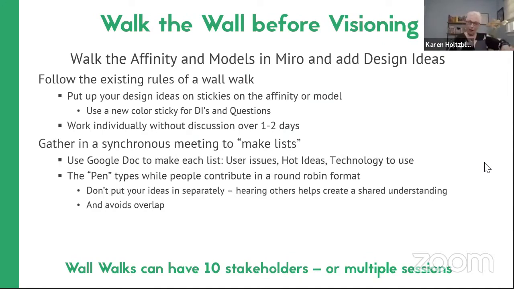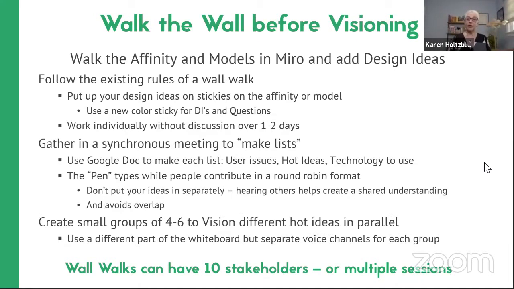Now we can use round robin, just go around the room till people run out. Then you're going to make a sheet for the hot ideas. Remember, no discussion, just list them, go round robin. Then people can shout out the technologies that are possible, okay? So this is no different. It's making lists. It's just that the people are there.